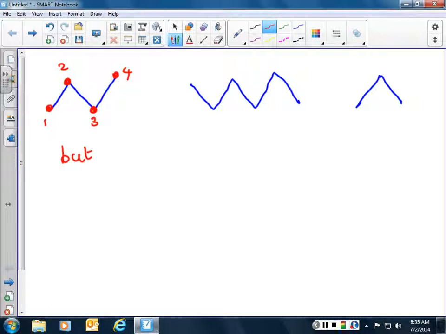4 means but. So where do you find this information? 4 means but. It is in chapter number 4. Please go to that page table. I'll show you.